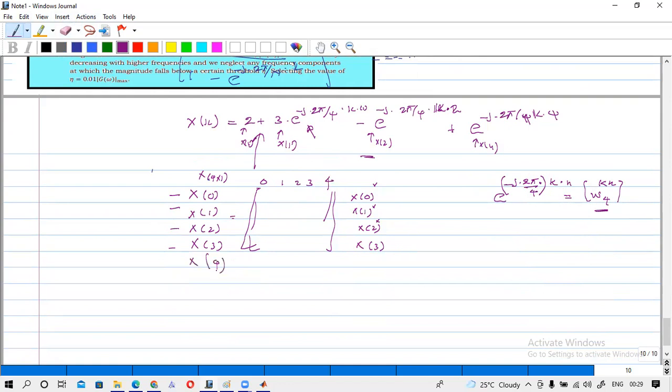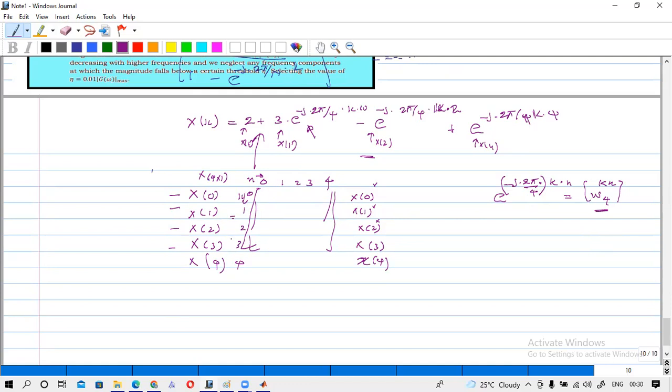So here also x4 is there, and here x4 is there. Okay, so this also will be 0, 1, 2, 3, 4. So if I write this matrix, you can see that this will be the n value and this will be the k value. Okay, so that is the normal standard.